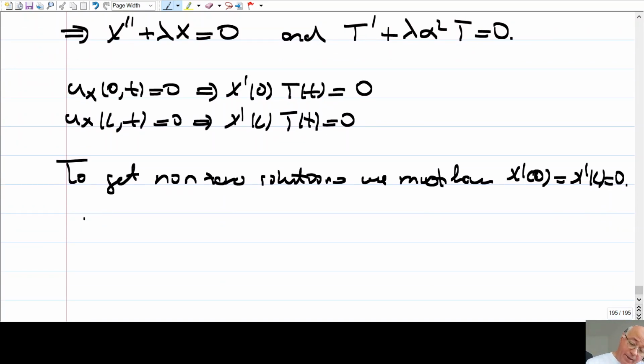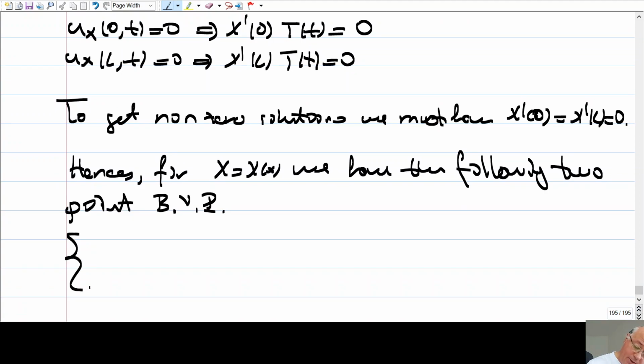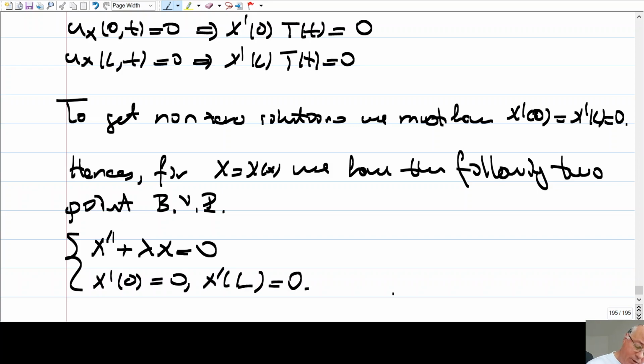Okay, so hence for X of x, we have the following two-point boundary value problem. What is that? It is this one. X double prime plus lambda X equals 0, and then X prime at 0 is 0, and X prime at L is equal to 0.